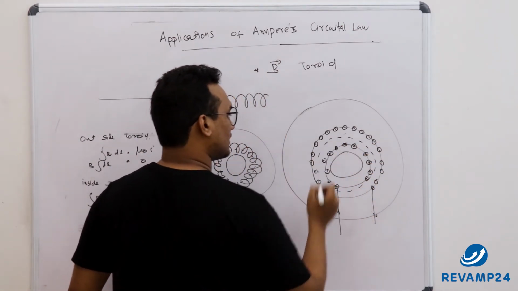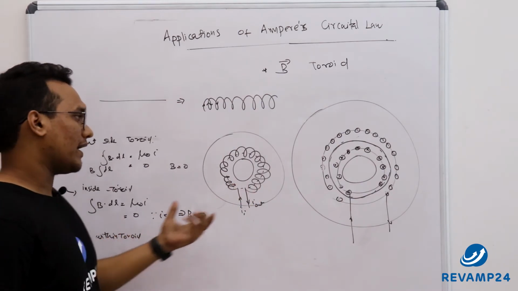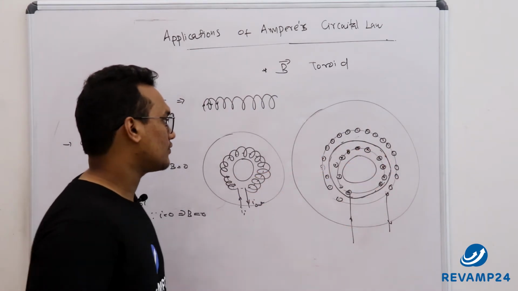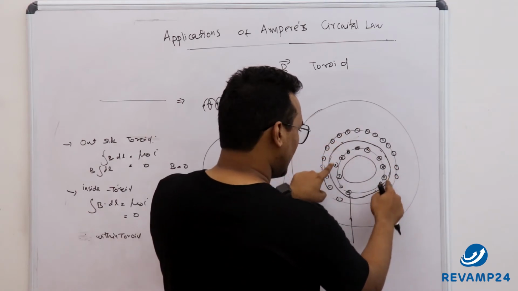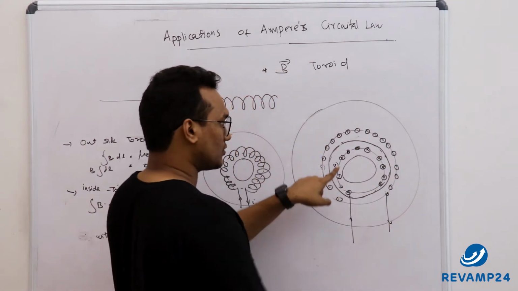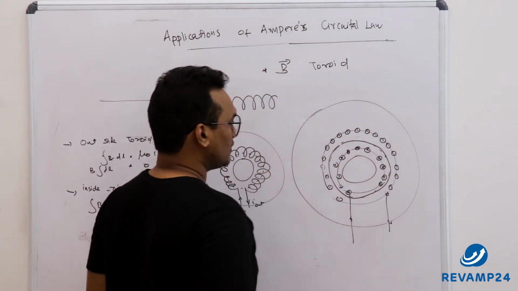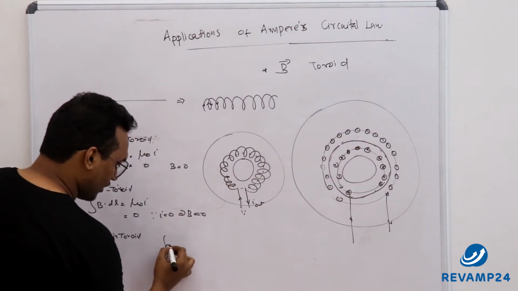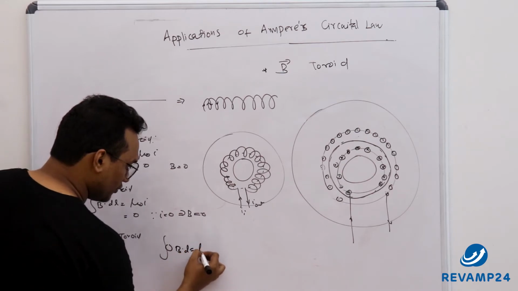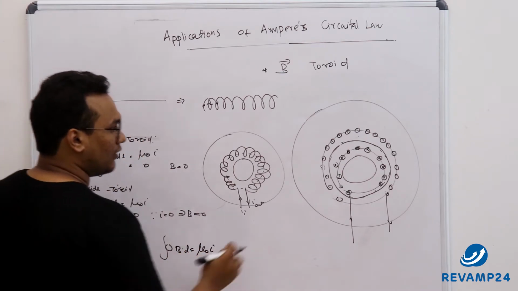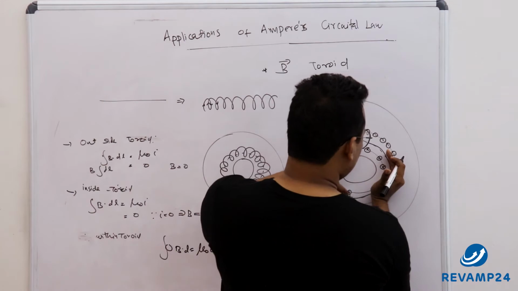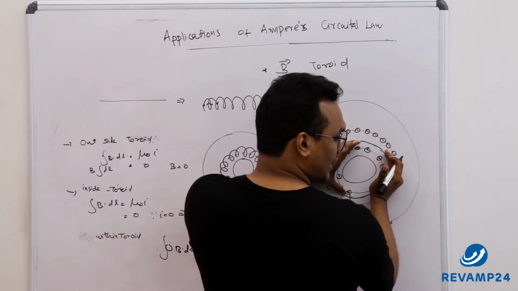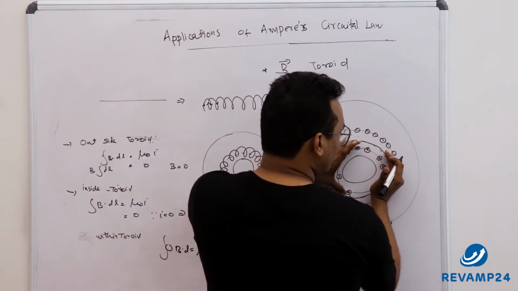How to get the value of the magnetic field within the toroid? We have to consider an Amperian loop that has the point within the toroid. So this is the Amperian loop. Now apply Ampere's circuital theorem: the line integral of B dot dl is equal to mu 0 into I. Now inside this Amperian loop, what is the total current entering or leaving?